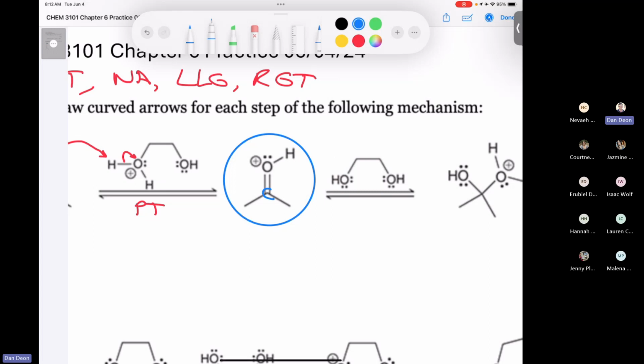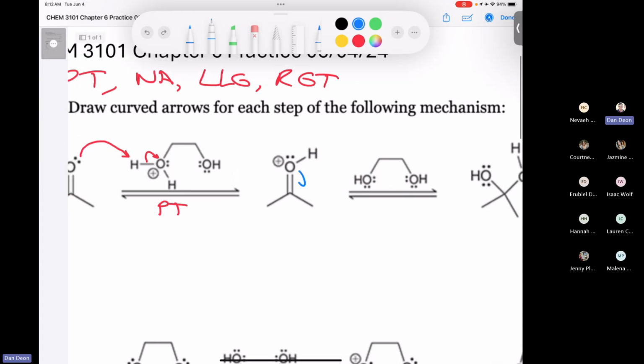That carbon in blue, is that a nucleophile or an electrophile? Yeah, thanks, Isaac. Thanks, Rubio. It's a very powerful electrophile, isn't it? That's a super strong electrophile. That's one of the strongest electrophiles you're ever going to run into, right?